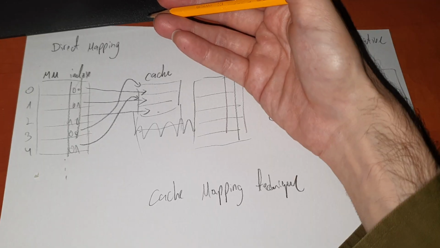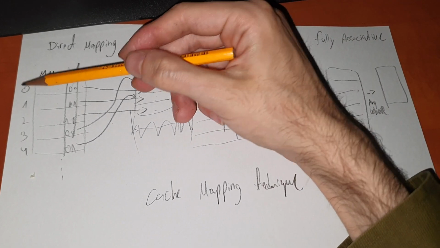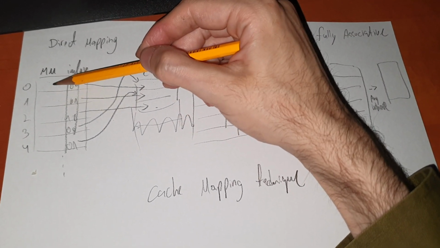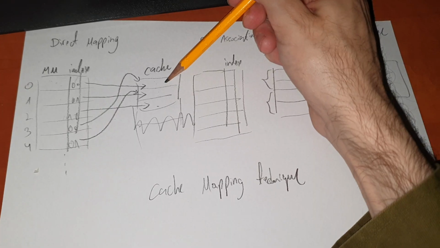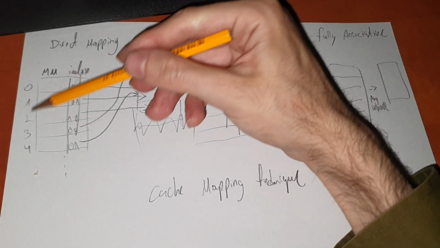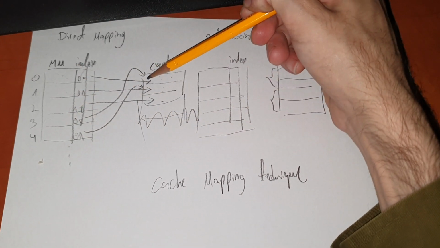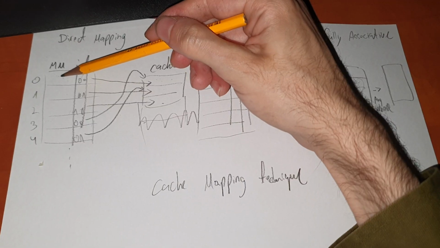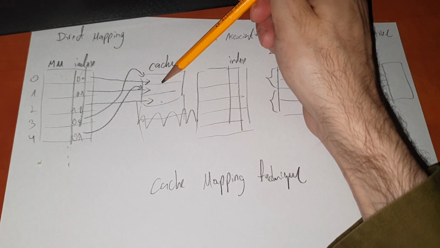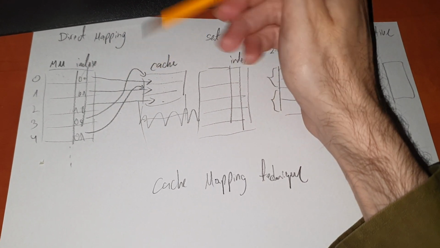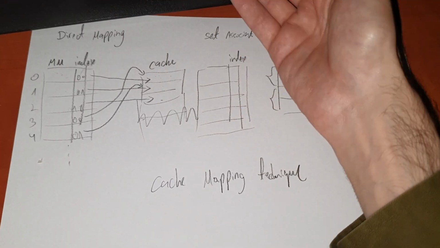You can see that there may be some replacement. If I take this block of data and put it right over here, and then the CPU wants this data, this will also map to here. But if we already mapped this here, we will need to replace them, and of course it takes time.